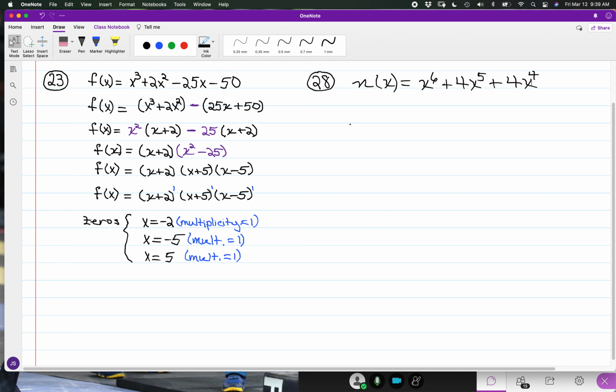Looking at factoring, all of these are variable terms of a higher degree, so we're going to have a greatest common factor to pull out, in this case x to the 4th, and inside we have x squared plus 4x plus 4.